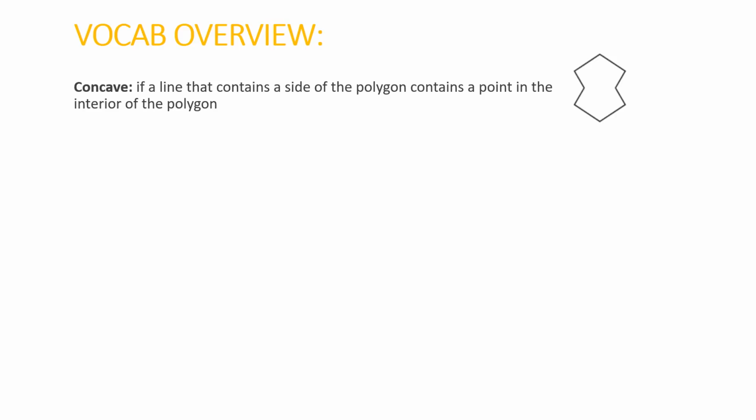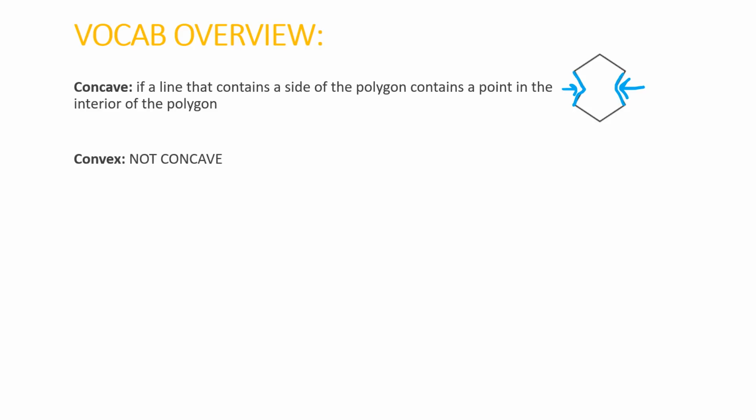Here's a picture of a concave polygon, and when we say concave, we're talking about if a line that contains the side of a polygon and also points inside to the interior part of the polygon. So in our picture, it would be like this line or angle and this angle, they go inside the interior part of our shape. We call it concave. You can see that it's caving in on itself.